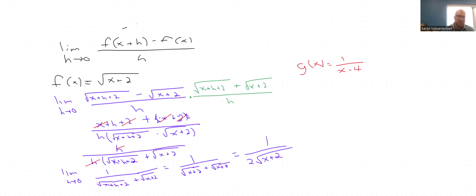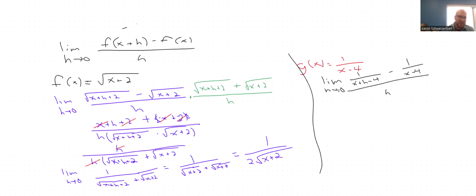Okay, let's do problem 2 here. G of x, limit as h approaches 0 of 1 over x plus h minus 4, minus 1 over x minus 4, all over h. The first thing I need to do is get a common denominator in the numerator.